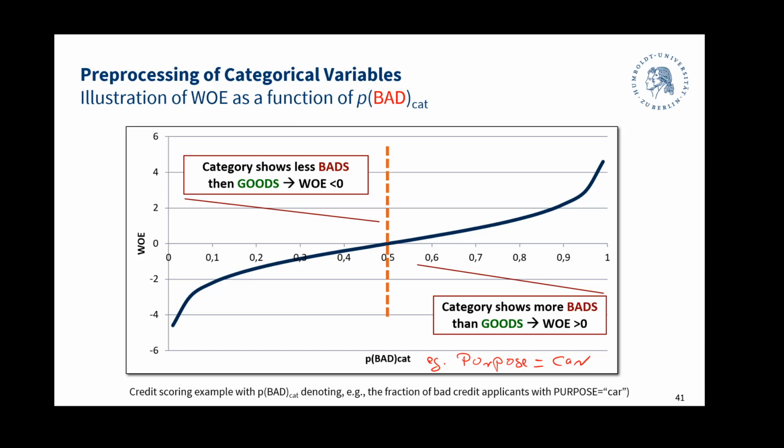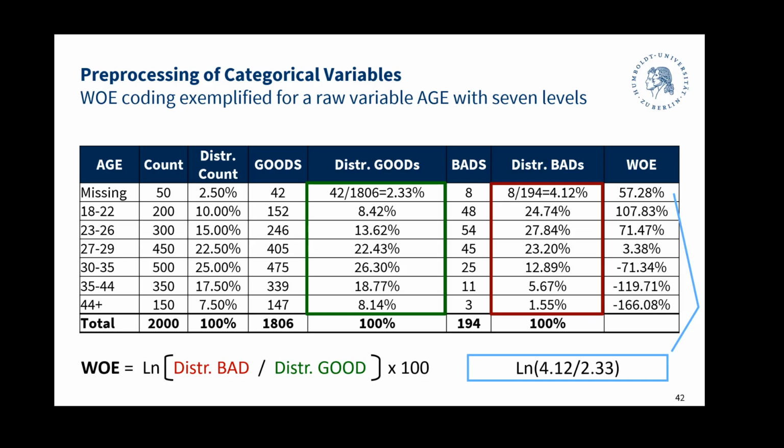And in terms of implementing it, you find another example in the slide book here, which shows the calculation for a categorical variable age group with levels missing, 18 to 22, 23 to 26, etc. And we count the number of customers in these categories.